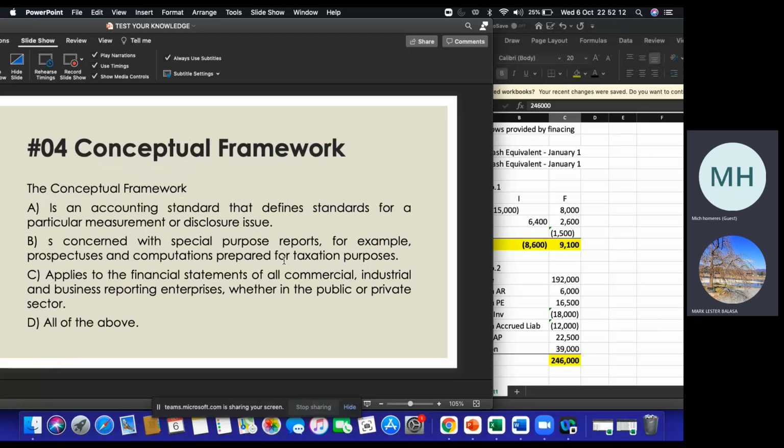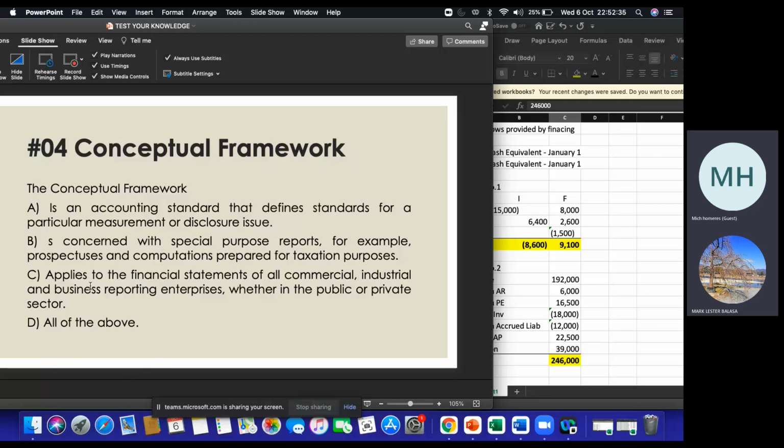So, therefore, ang answer natin dito is letter C only. Okay? Kasi letter A, mali ito kasi a conceptual framework is not a standard. Right? And of course, it is only concerned with general purpose financial statement or financial reports. Right? Not special purpose reports. So your answer is letter C.